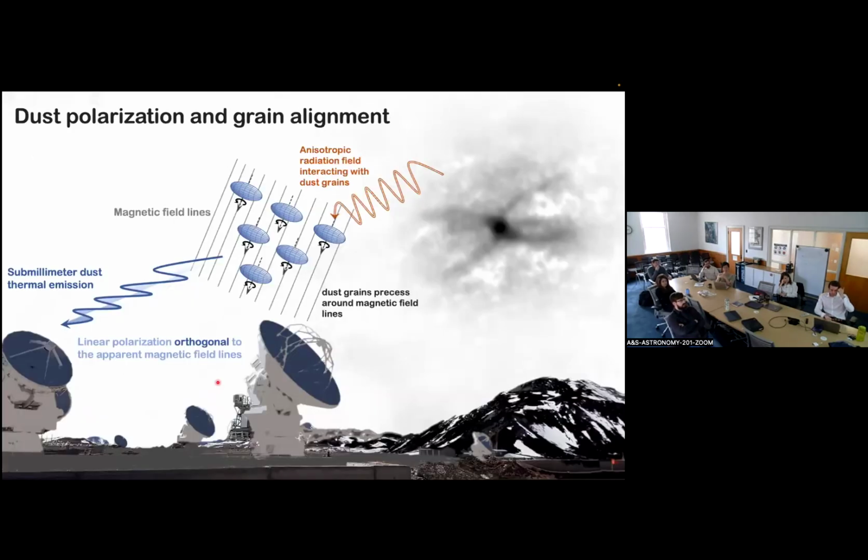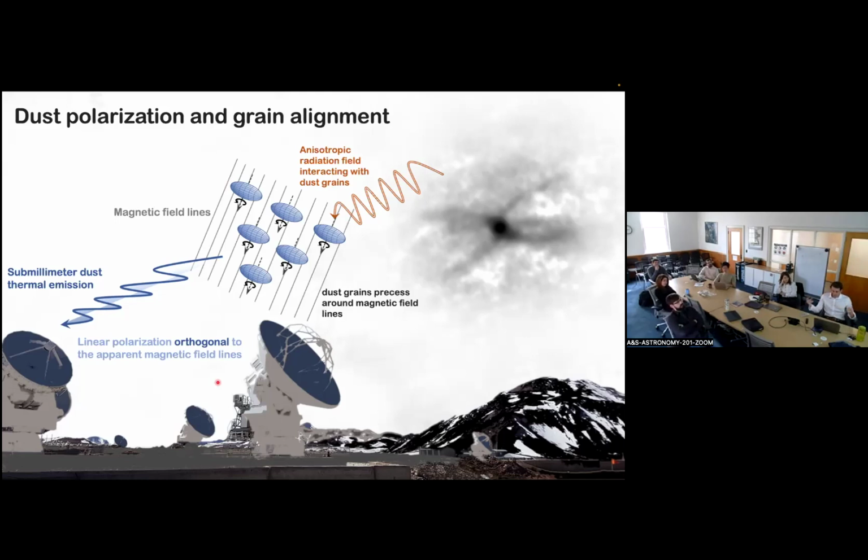We observe protostars with ALMA, looking at the dust thermal emission surrounding the disk and the central object, so the envelope. Because the grains are aspherical and tend to keep the same axis of spinning with time, the thermal emission is linearly polarized with respect to the rotation axis.